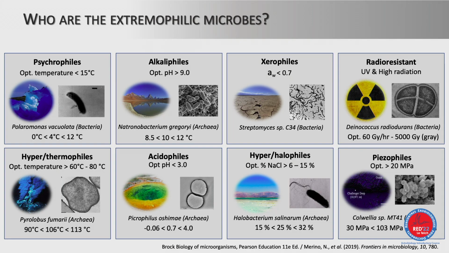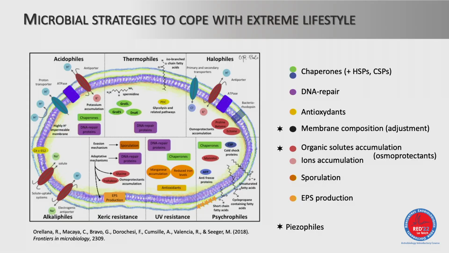So how do those microbes manage to live in these extreme environments? They develop different strategies to cope with those extreme conditions. So here you have a cell with different extremophile strategies.